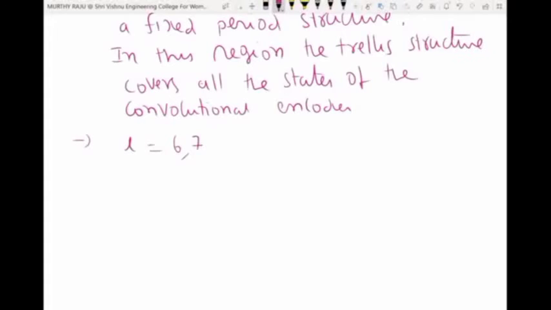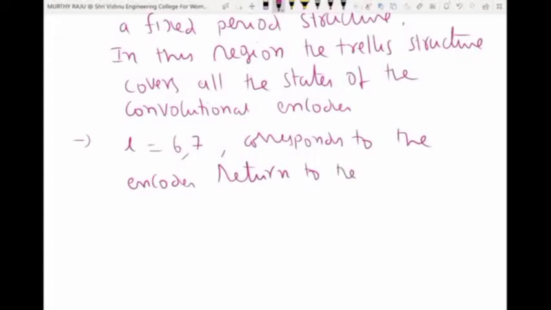The last L minus 1 levels correspond to the encoder return to the original state. Return to the original state of the convolutional encoder.